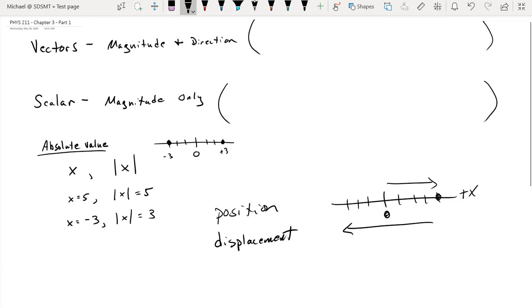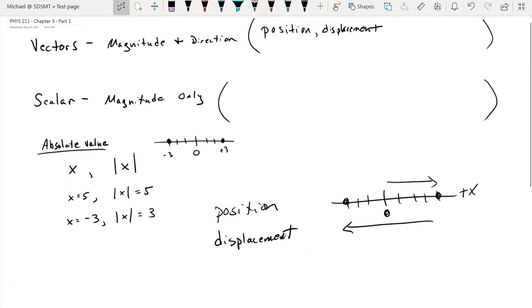Well, as we can see, that also requires a direction. We have to move from one point to another, and in this case that required us to move to the left or in the negative direction. So we can insert these two terms into our vectors collection because both of them require a direction.